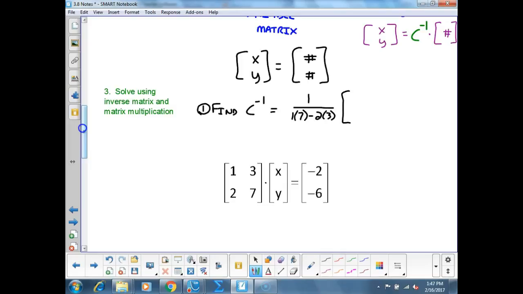Then I flip the main diagonals, correct? So that becomes 7 up there, 1 down there. And I negate the other 2. One times 7 is 7. 2 times 3 is 6. 7 minus 6 is 1. So the inverse here is just 7, negative 3, negative 2, and 1.